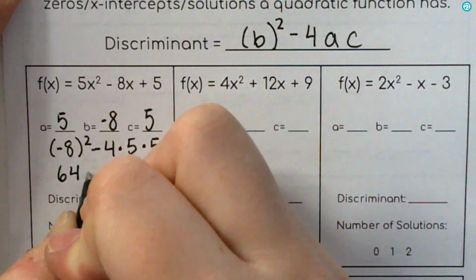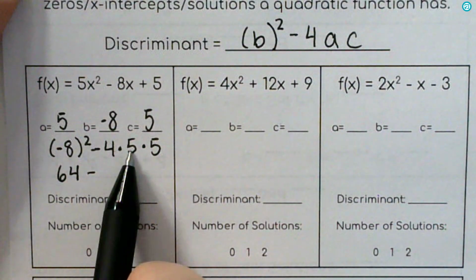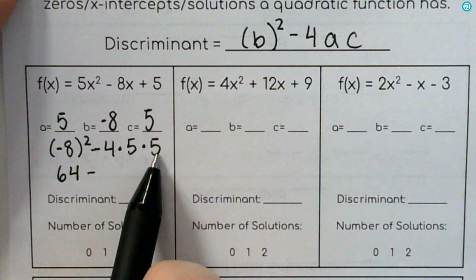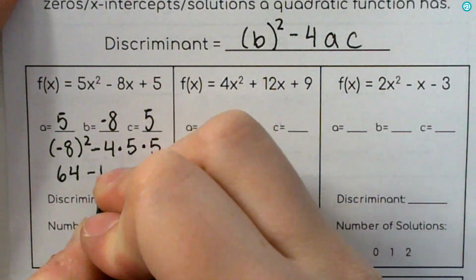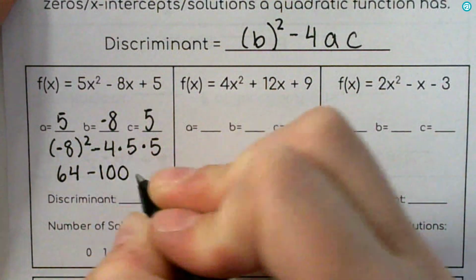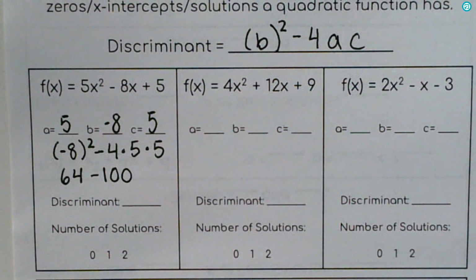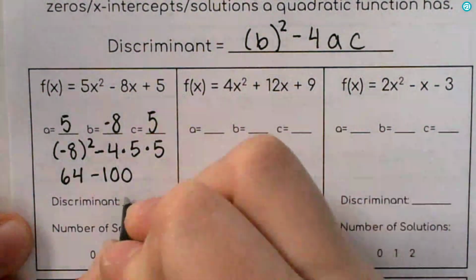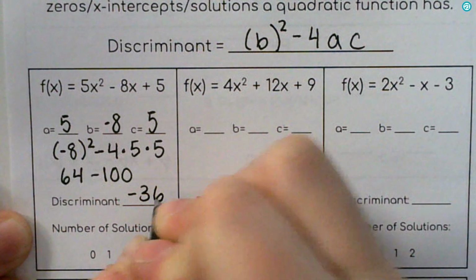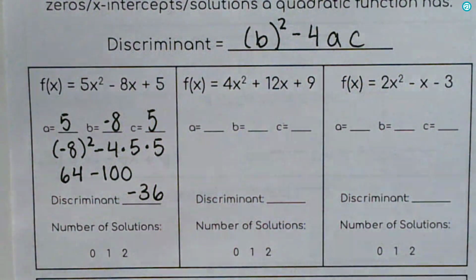So it would be minus 4 times 5 is 20, times another 5 is 100. So it would be 64 minus 100. So you can do the b squared and the 4ac, and then you can subtract them. So now, when I go to subtract them, 64 minus 100 is negative 36. So that's one option, is doing the two pieces kind of by hand, is what I would call that.